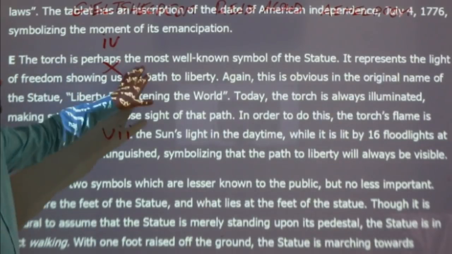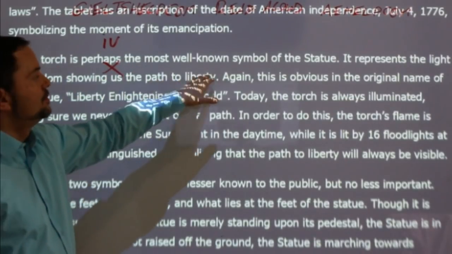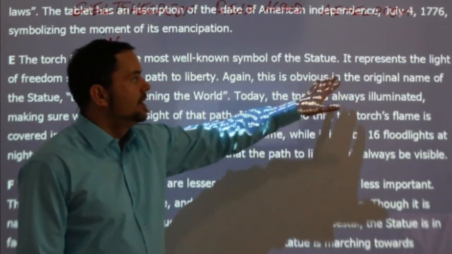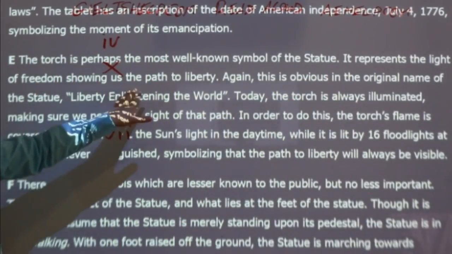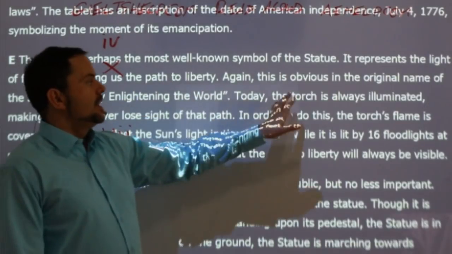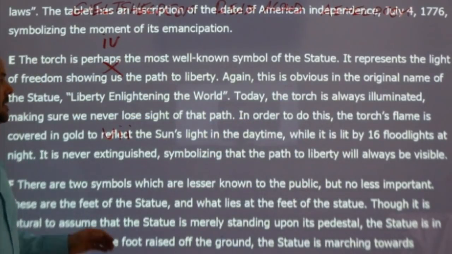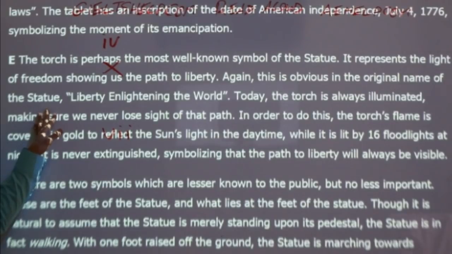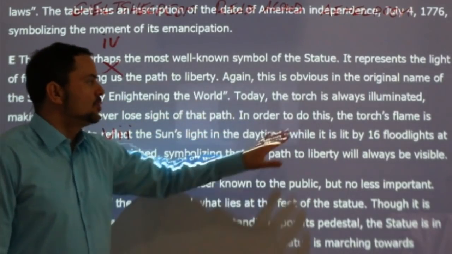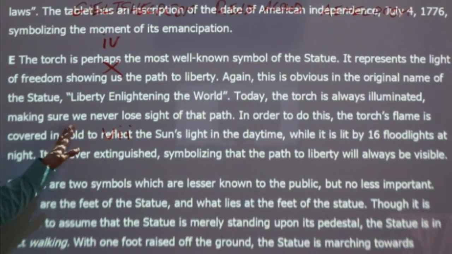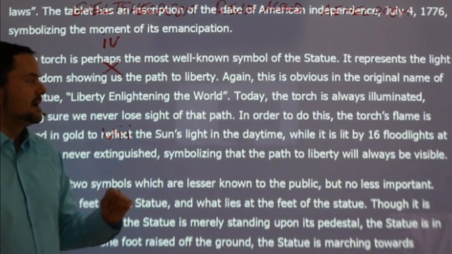The torch is perhaps the most well-known symbol of the statue. It represents the light of freedom showing us the path to liberty. Again, this is obvious in the original name of the statue, Liberty Enlightening the World. Today, the torch is always illuminated, making sure we never lose sight of that path.